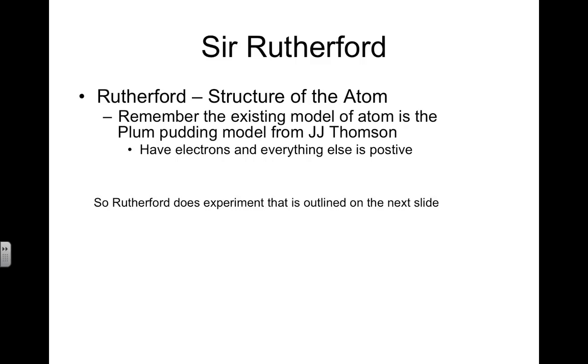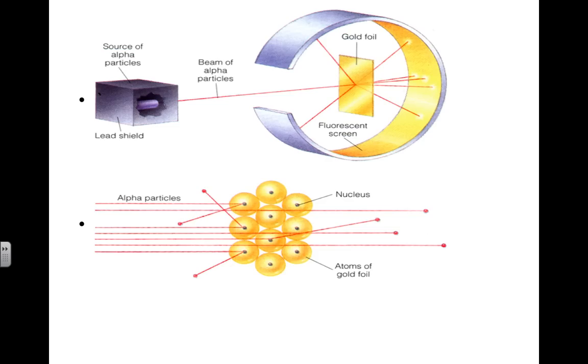So his experiment, what he did was he took a lead box, and in that lead box he drilled a hole, and in that hole he put a material that basically decayed, broke up, and when it broke up, one of the components of the breakup was an alpha particle, which is a very small particle, smaller than the atom. It's actually the nucleus of a helium atom.